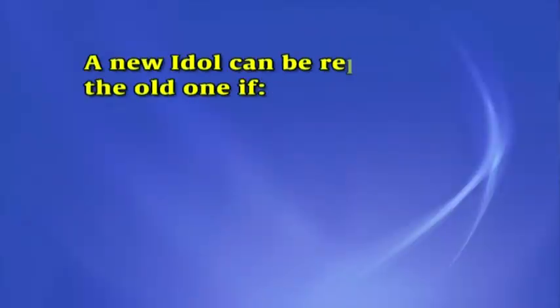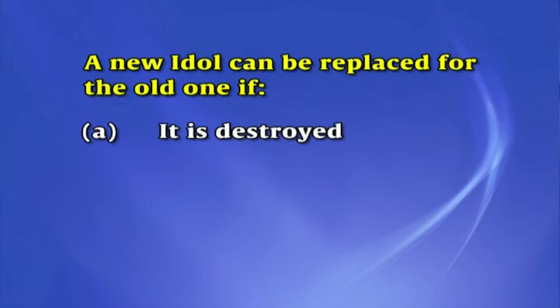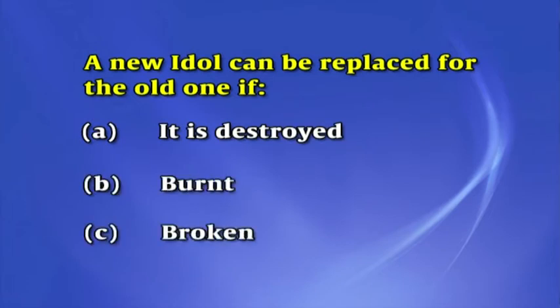It may be removed for the purpose of the construction of a new temple. Temporary removal is permissible in case of necessity, for example, flood or earthquake or any other contingency. A new idol can replace the old one if it is destroyed or burnt or broken.